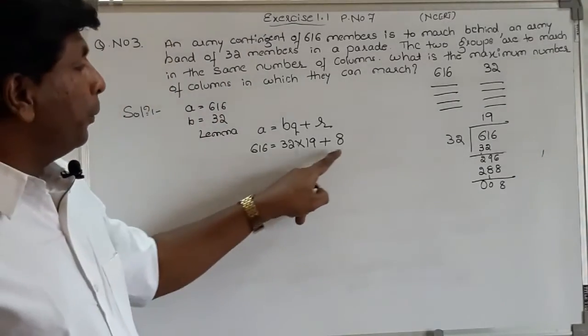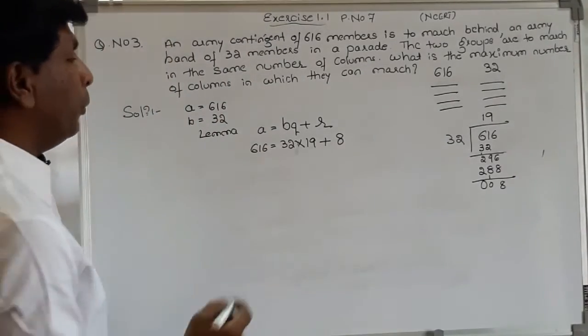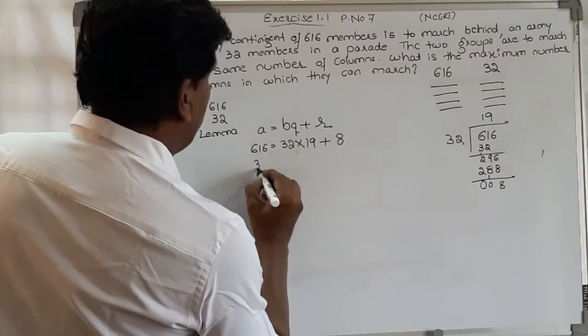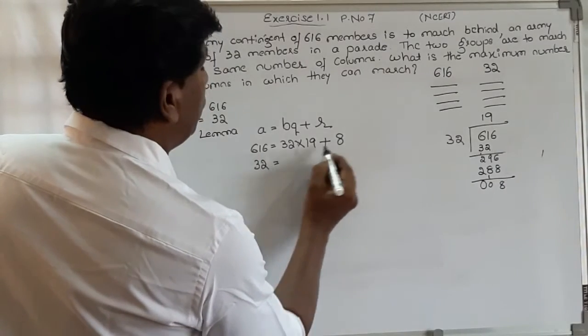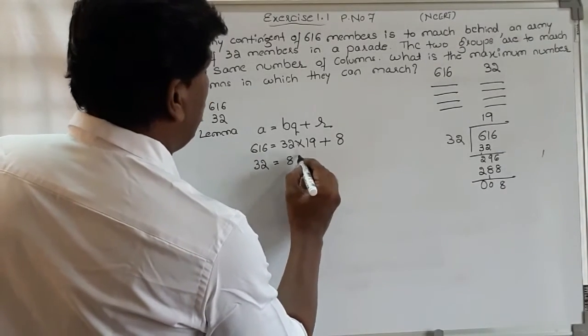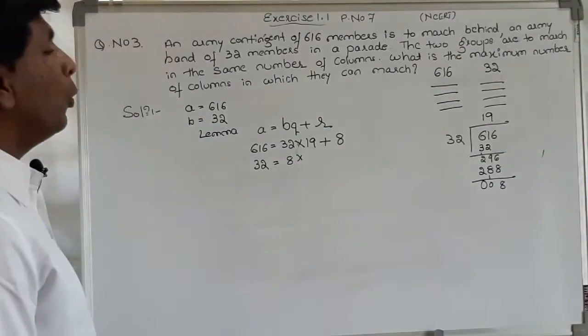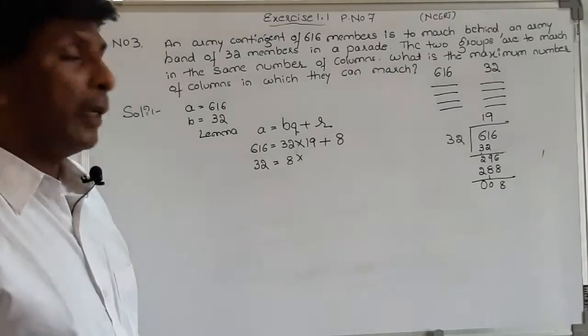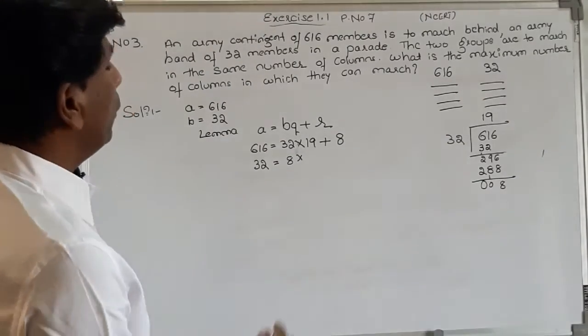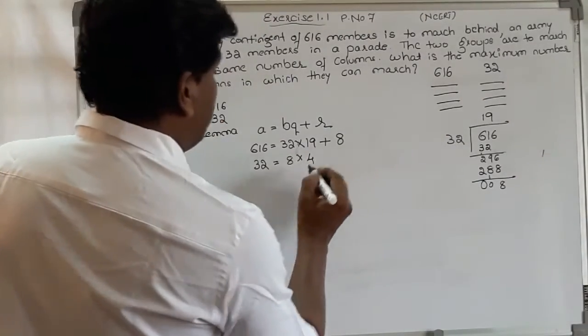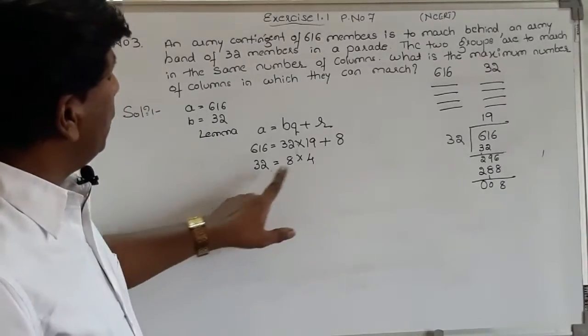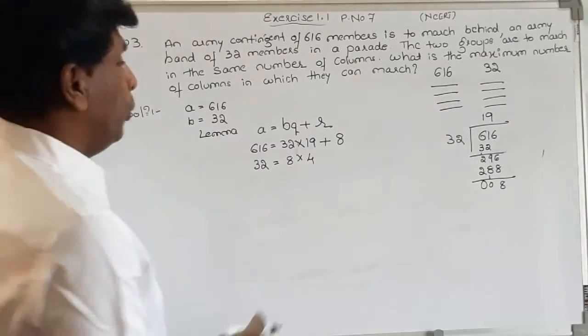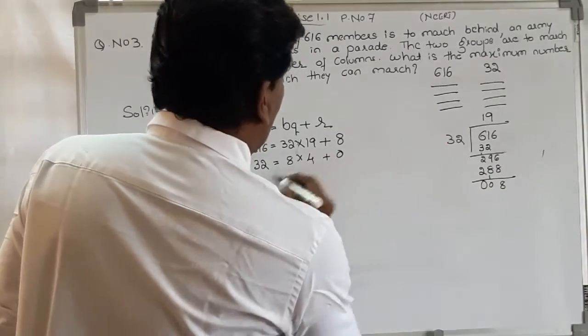This is the first step. Here R is not 0, so we have to continue. Now 32 is A and 8 is B. We take long division again. 8 fours are 32, so the remainder is 0.